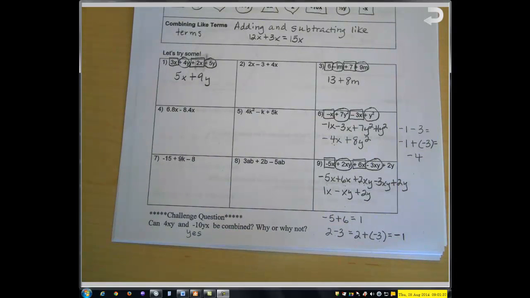Okay, let's end this section by having you guys pause the video and do the challenge problem. Okay, so what do you think? Can 4xy and -10yx be combined? Why or why not? The answer is that yes, they can be combined because they both have the same variables.